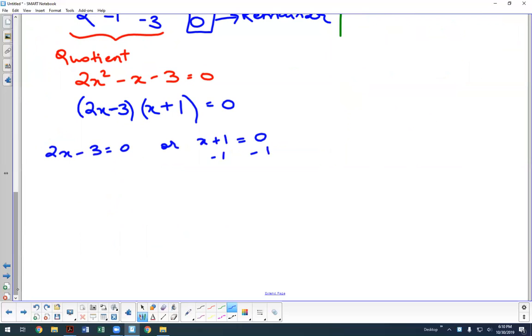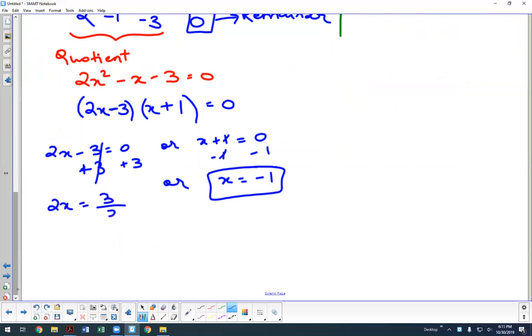This gives me x equals -1 as one of our zeros. And this gives me positive 3/2.